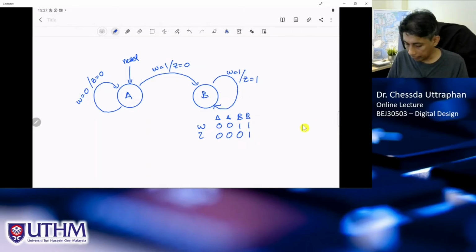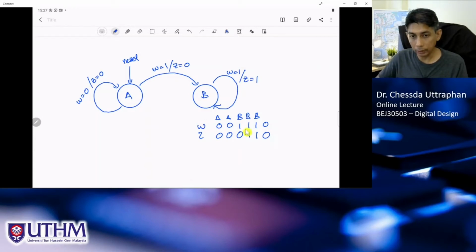And if w is still equal to 1, we remain at B, and z remains 1. It means the speed is being exceeded, and we need to reduce the speed until w is equal to 0, then z should be equal to 0.